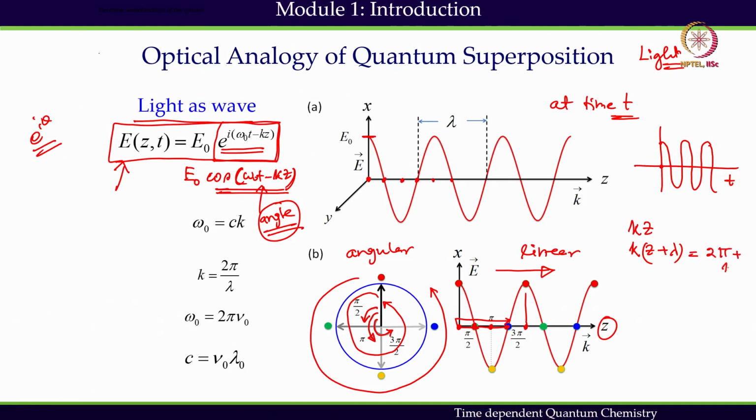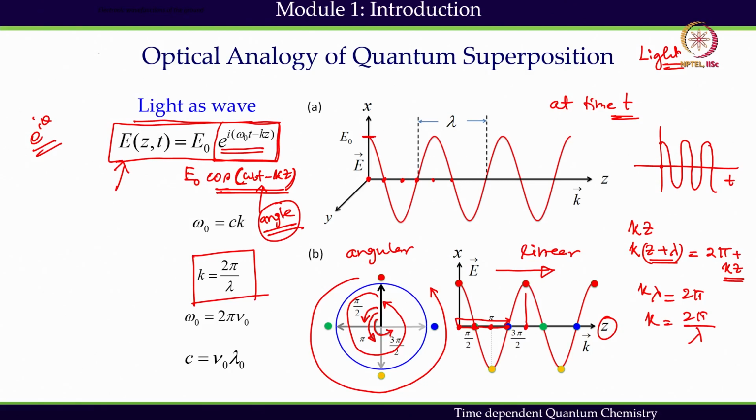Previously it was kz, now with linear advancement z plus lambda, it gives kz plus 2 pi. So it gives me k lambda equals 2 pi, or k equals 2 pi by lambda. These are the relations which are important for all these plane waves.